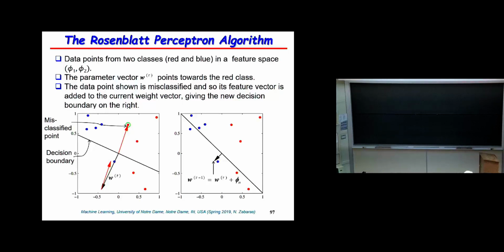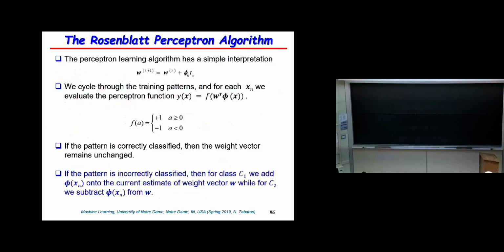So this point belongs to class 1. What do I need to do to W? The model says it belongs to the blue class, which is class 2, but really this point belongs to class 1 because it's training data. These are real labels. So what do I need to do according to this equation?